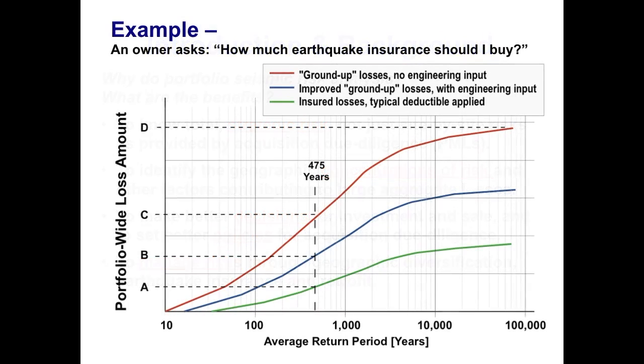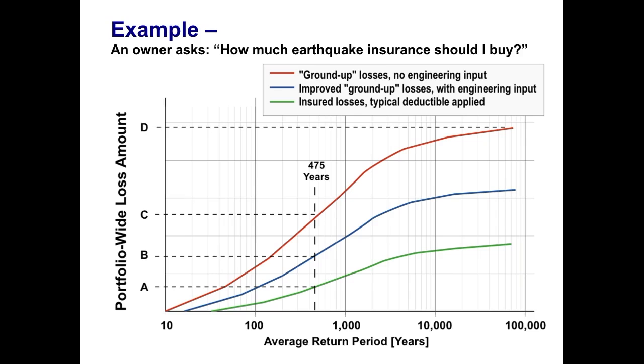So here's an example. An owner may ask, how much earthquake insurance should I buy? And there are several different approaches. One approach might be to use insurance-based catastrophe modeling without any engineering input, and that's represented by the red curve.